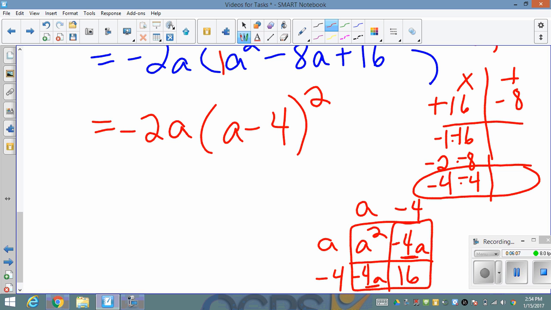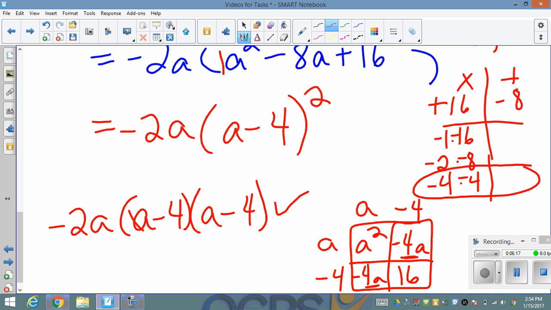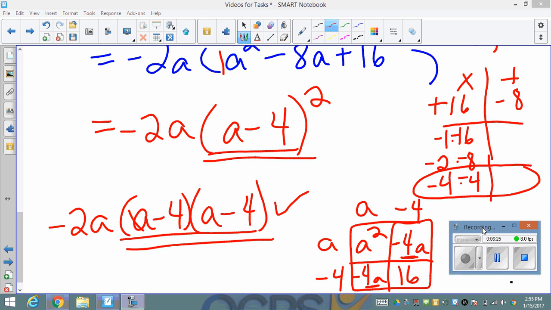Again, don't forget to pull out that negative 2a. If you wrote it as negative 2a times a minus 4 times a minus 4, that is equally correct. I just wrote this part as a minus 4 squared. And that is factoring completely. Normally it's going to mean that you've got a GCF and then you've got something else that you still need to do.